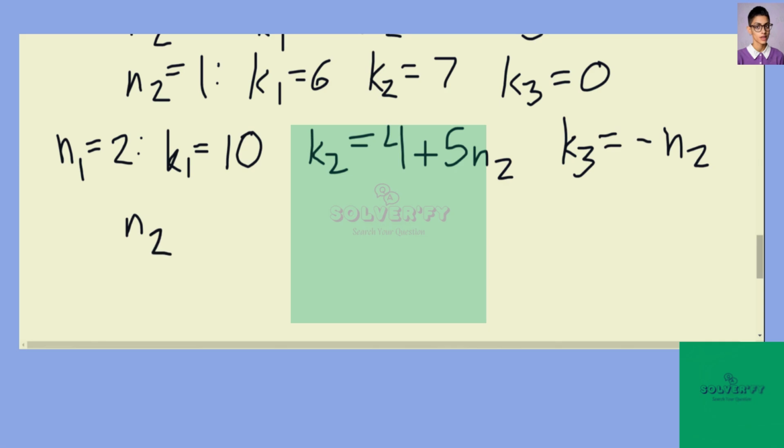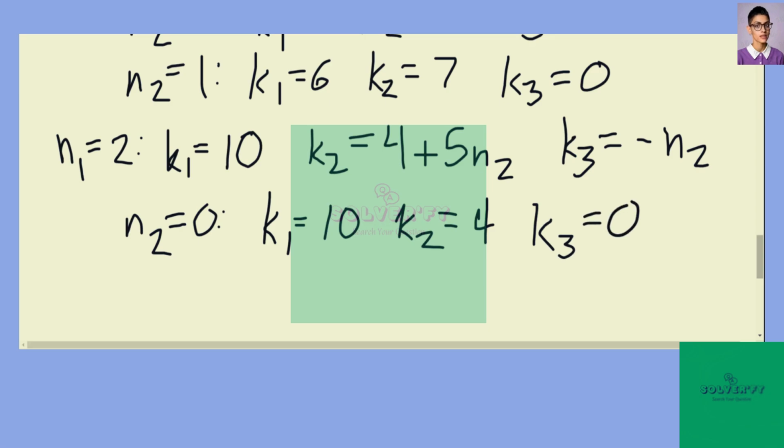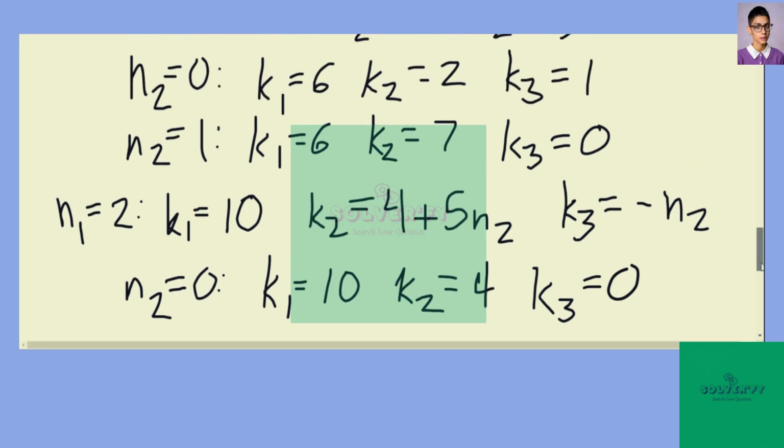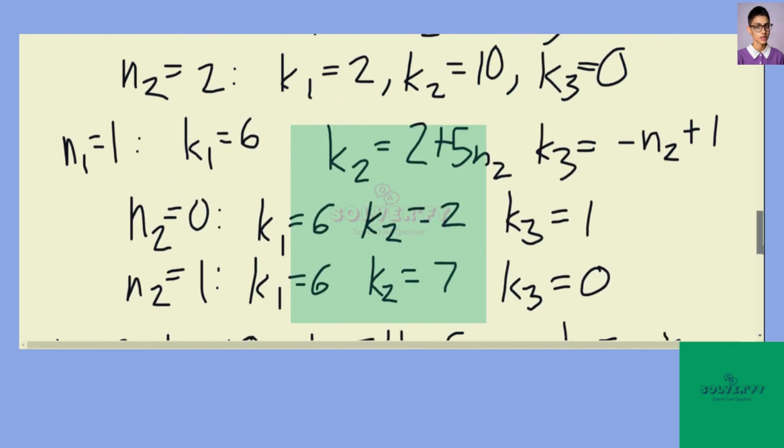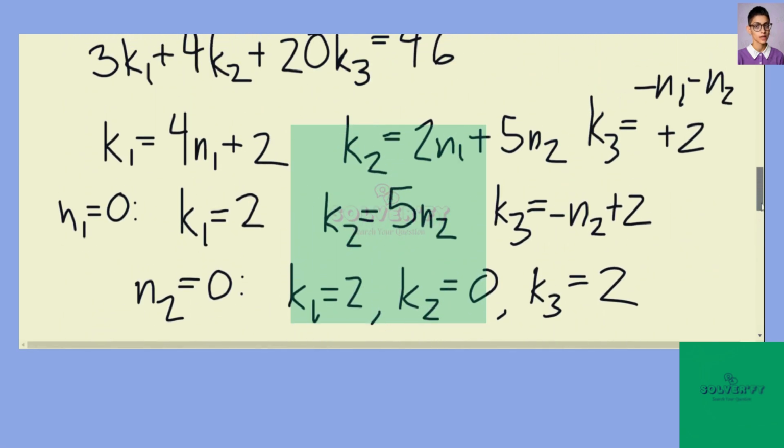And if we take n2 to be equal to 0, we have that k1 is equal to 10, k2 is equal to 4, and k3 equals 0. We can't have any greater values of n2, and we can't have anything less than 0.